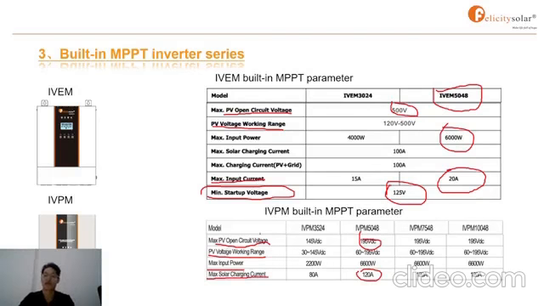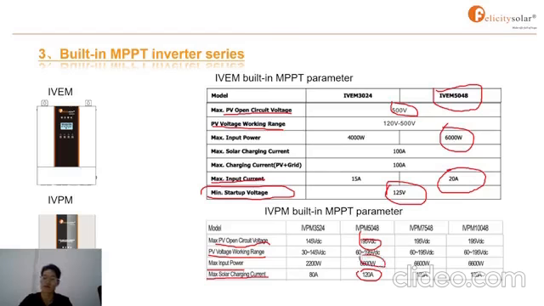For the IVPN, the built-in MPPT voltage is lower, 195 voltage DC. But the solar charge controller current of the IVPN is 120, the maximum is 120.